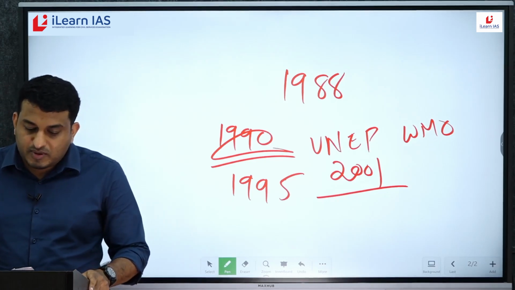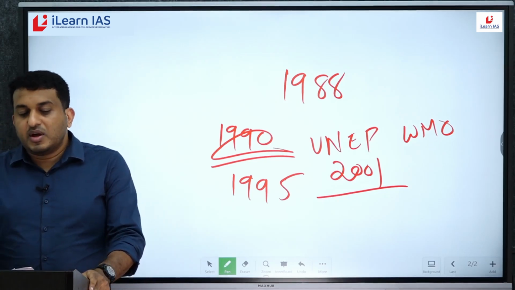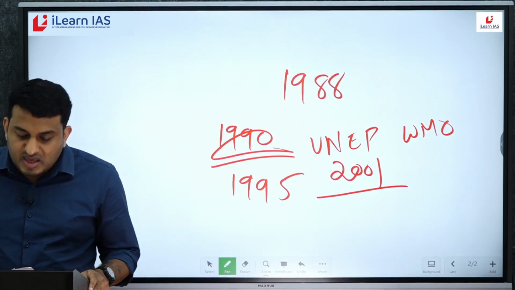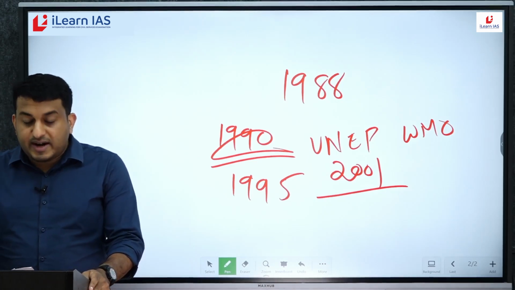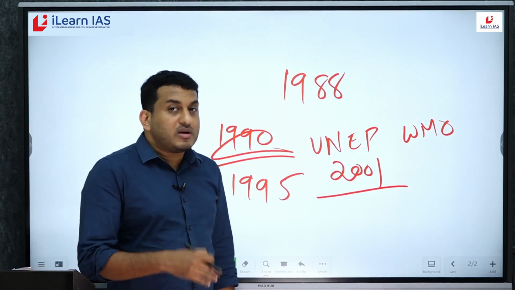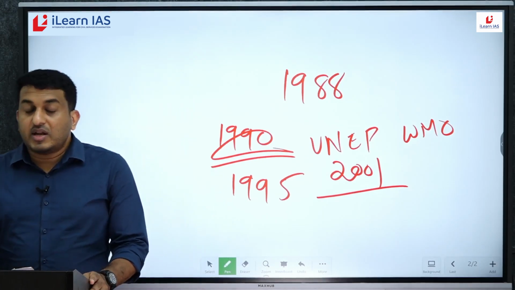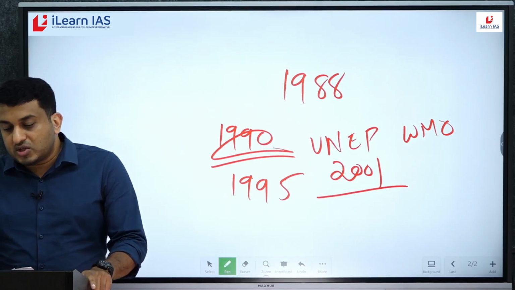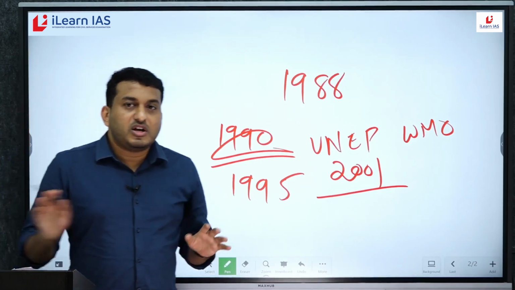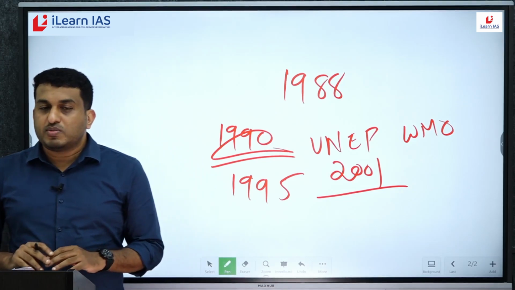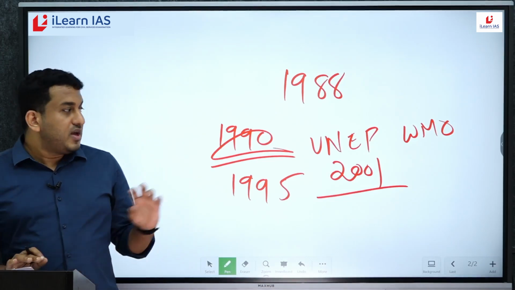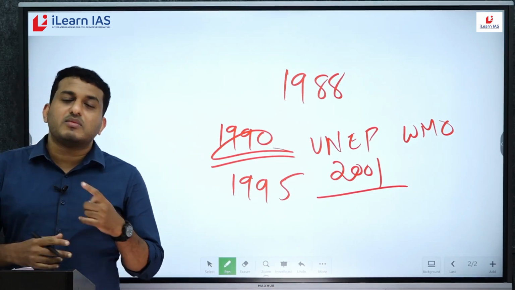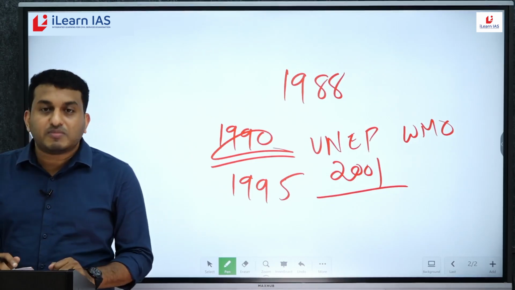The second report, by working group 2, deals with the impact, adaptation as well as vulnerability of climate change. And the third report, by working group 3, deals with the mitigation of climate change. So the decision to divide the work into three working groups was taken in the second assessment report, but the implementation happens from the third assessment report.